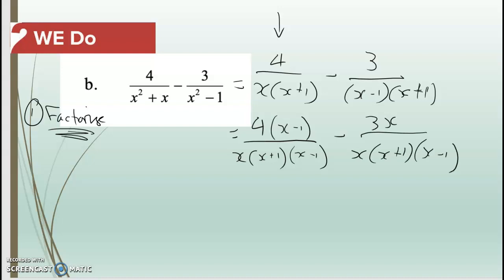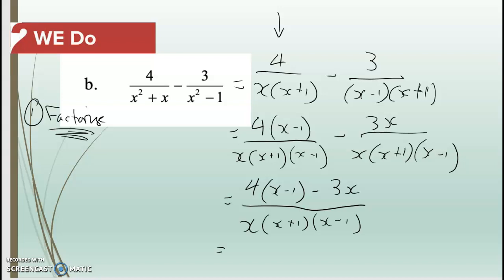So now our denominators are the same, so we can combine them. The numerator will be 4 lots of x minus 1, minus 3x, all over x(x plus 1)(x minus 1).